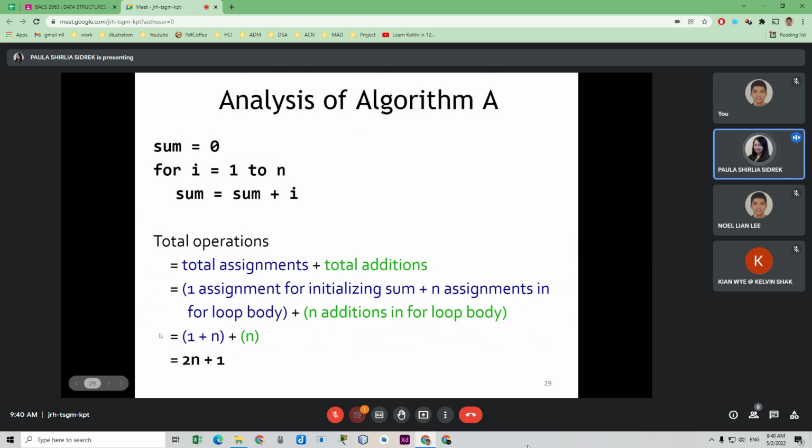Okay, so therefore you get 1 plus n plus n. So that's 2n plus 1. So that's how you compute and get into this value. Okay, so basically you have 2n plus 1 operations in that particular code.